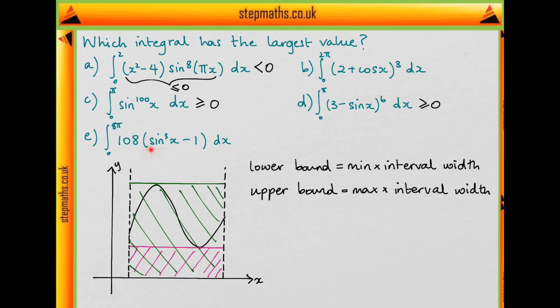And similarly, sine cubed minus 1 is going to be less than or equal to 0 everywhere, and so our integral is again going to be negative. Therefore, seeing as how we've got two negative integrals, but we know that some of these at least are positive, a and e are not going to be our answers. Okay, so now we just need to compare the rest of these.